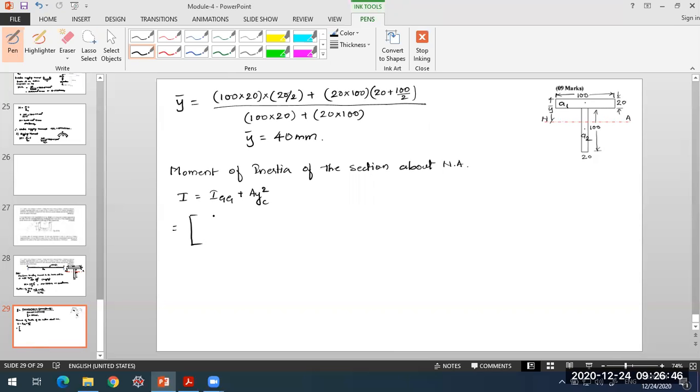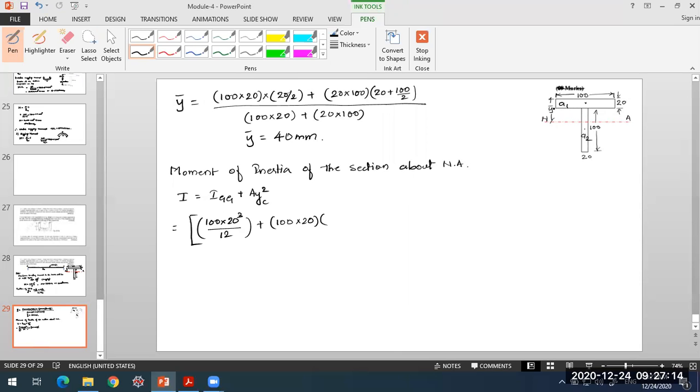When I take the A1 area, the flange area, there I_G comes out to be BD cube by 12, that is 100 into 20 cube by 12, plus A, 100 into 20, into what is the Y_C value here? It is the distance between the centroidal axis and the CG of the individual area here.